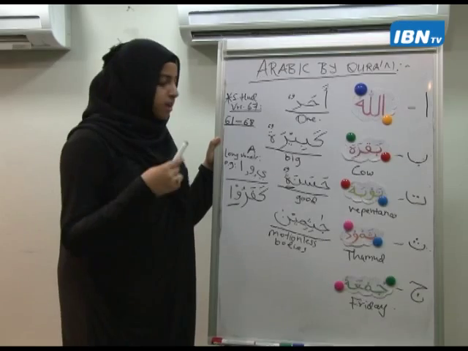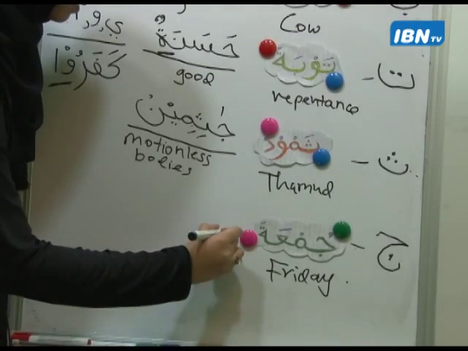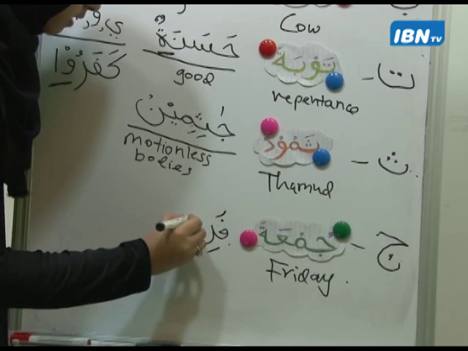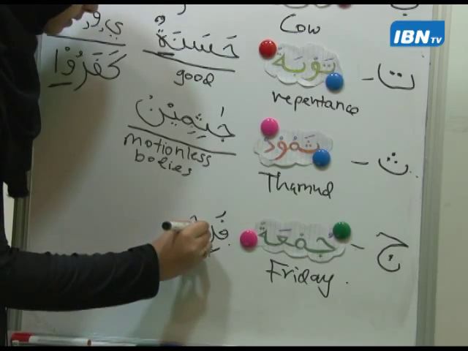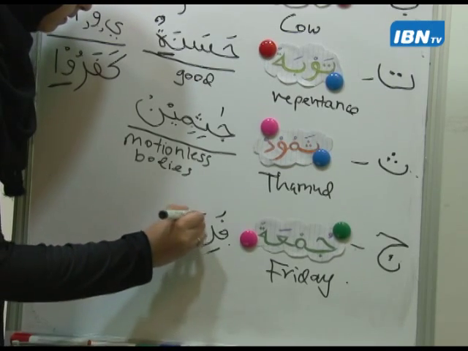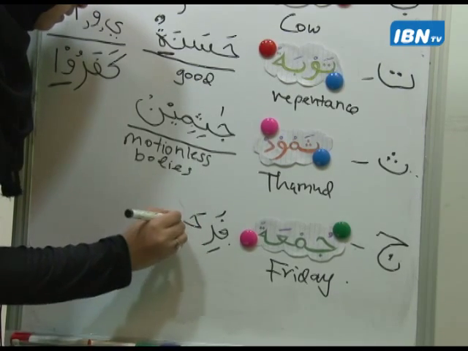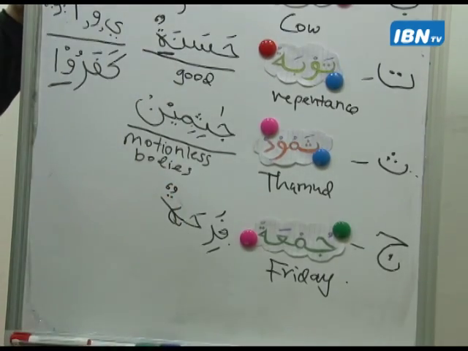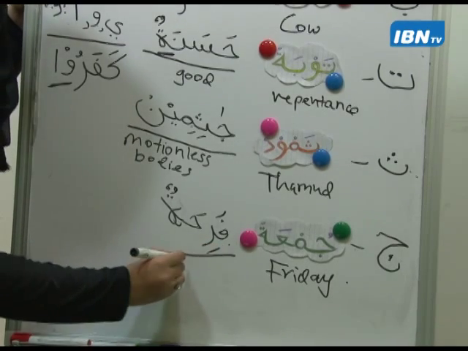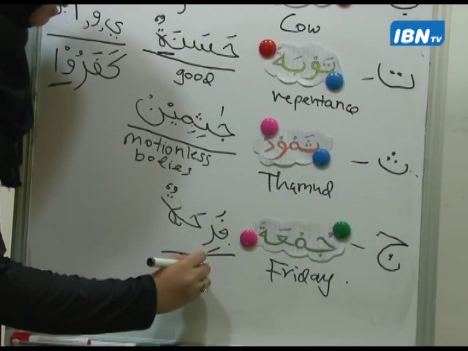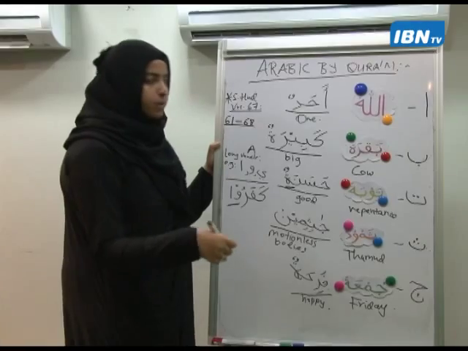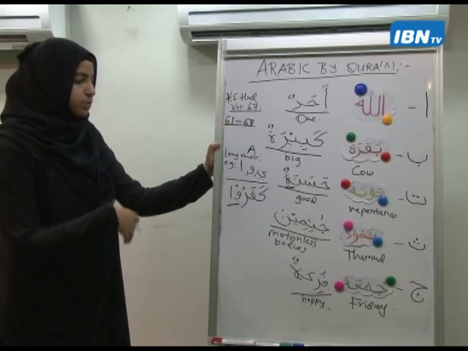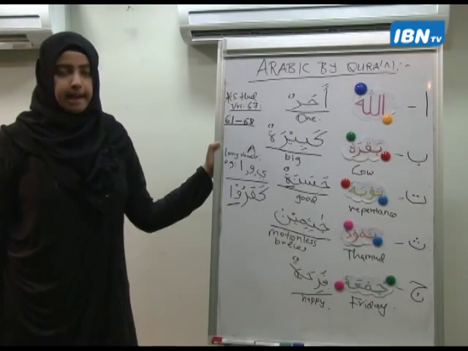So Jum'atun farihatun means Friday is a happy day. If you want to add day, it will become Yawmul Jum'ah farihatun. Or this just means Friday is happy.